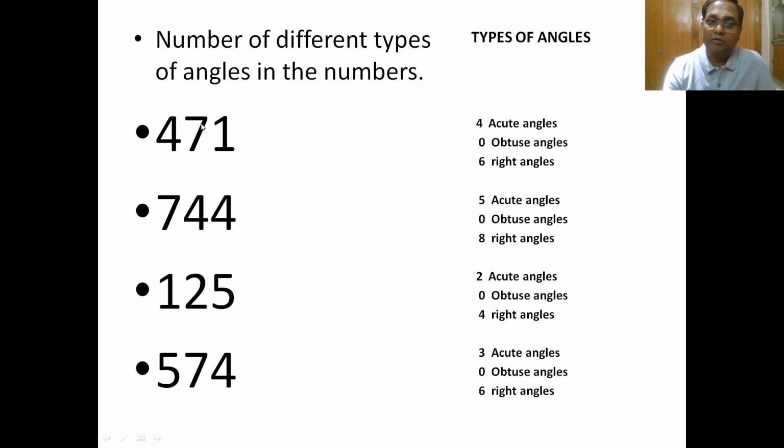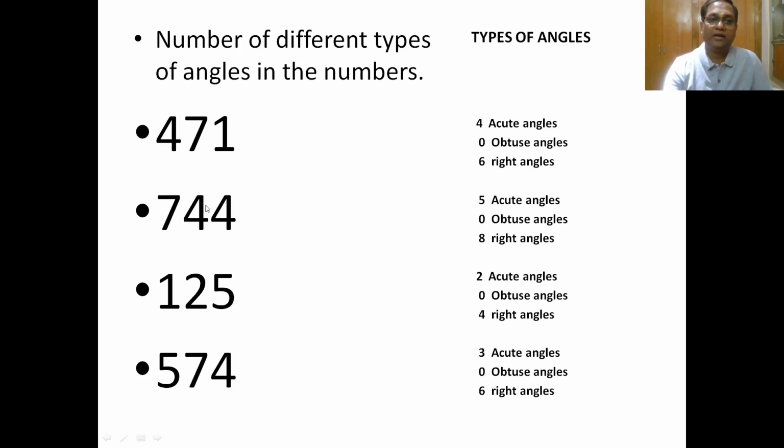In numeral 7, there is 1 acute angle. In numeral 1, 1 acute angle and 2 right angles. So let us count the total number of acute angles: 1, 2, 3 and 4. So 4 acute angles. There are no obtuse angles, and 4 right angles in the 4 corners here and 2 right angles here. So total 6 right angles.